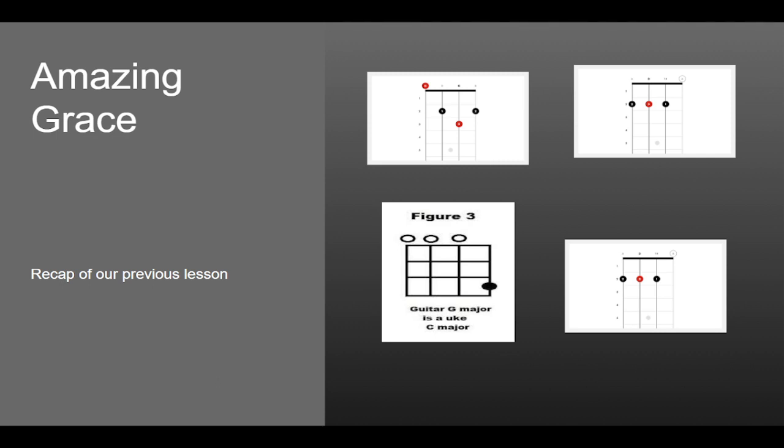This is my ukulele, so I could play it this way.